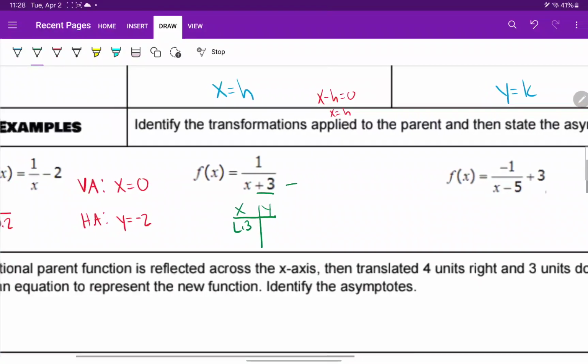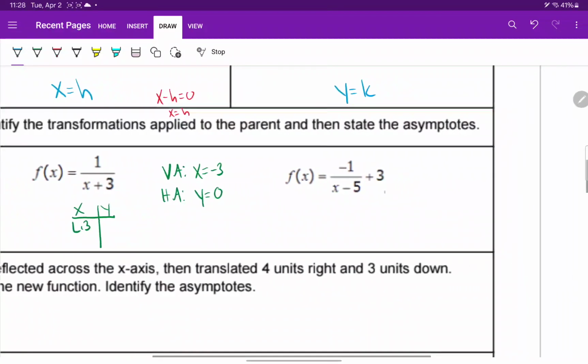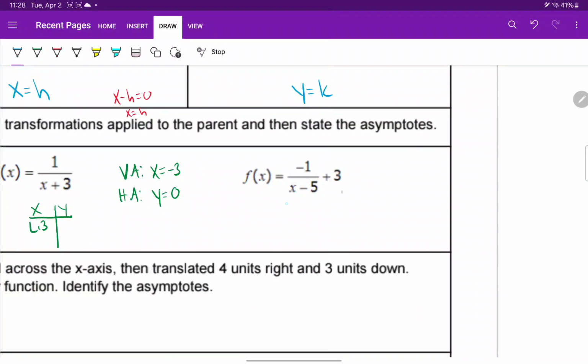So for my vertical asymptote, this time we move left 3, so x is equal to -3. And for my horizontal asymptote, it didn't move up or down, so y stays at 0, so y is equal to 0.